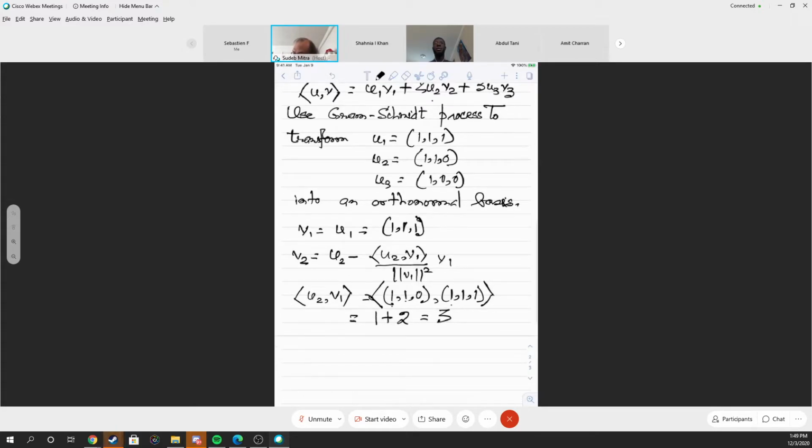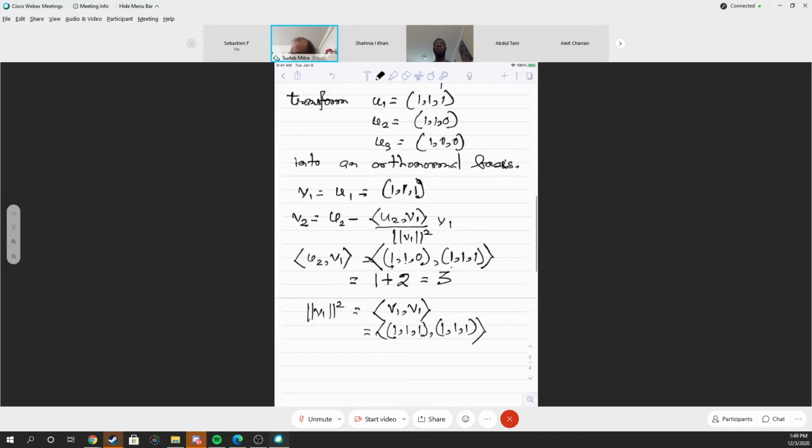And how will I find the norm of V1 squared? It is the inner product of V1 with V1, 1, 1, 1 with 1, 1, 1. So that is 1 plus 2 plus 3, 6, right?